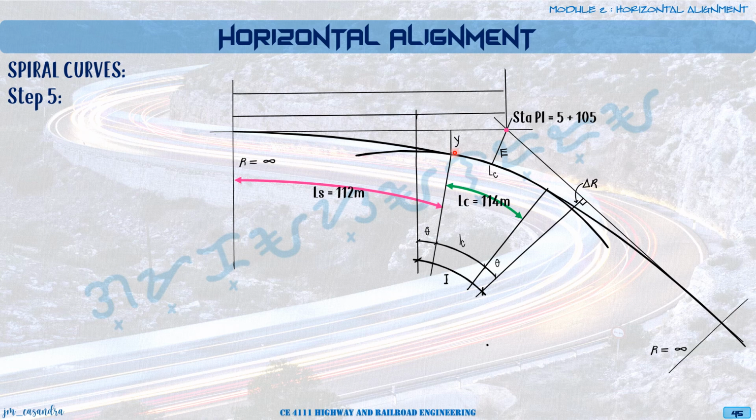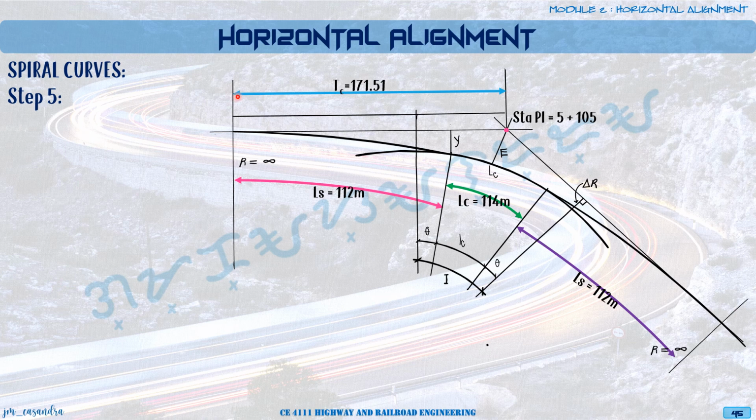And then we have the distance from the new end of the circular curve going to the spiral, which is 112 meters, until the spiral to the tangent. And then we were able to solve also for the distance between the point of intersection and the beginning of the spiral.